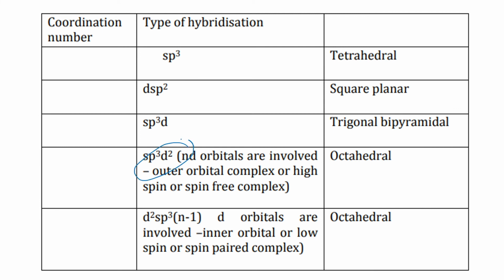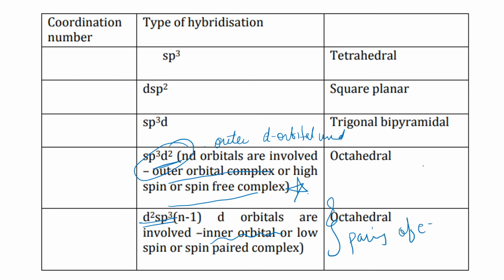When sp3d2 is used, that is, outer d orbitals are used, it forms an outer orbital complex, or high spin or spin free complex, whereas if inner d2sp3 hybridization is there, then there is formation of an inner orbital complex. It is formed generally by pairing of electrons. Both d2sp3 and sp3d2 have octahedral geometry.